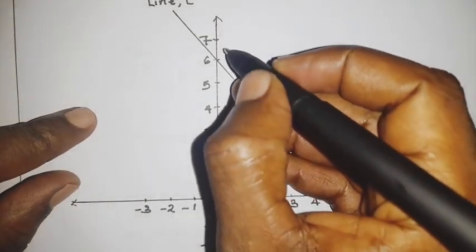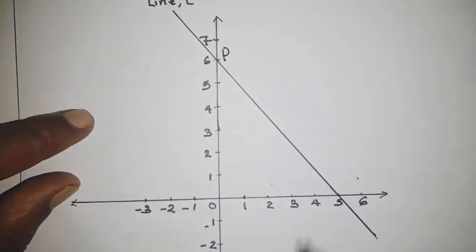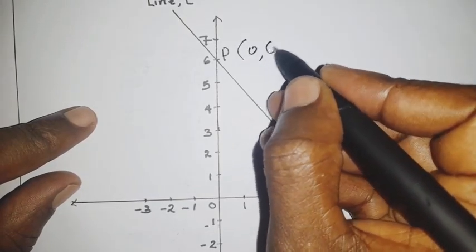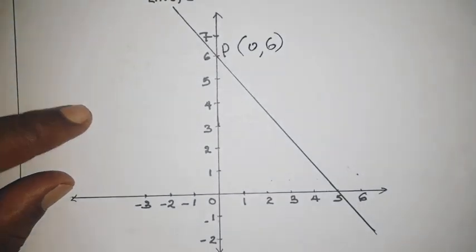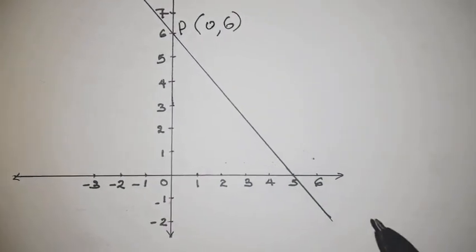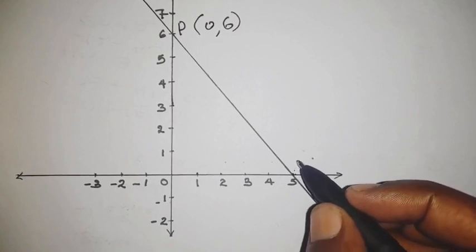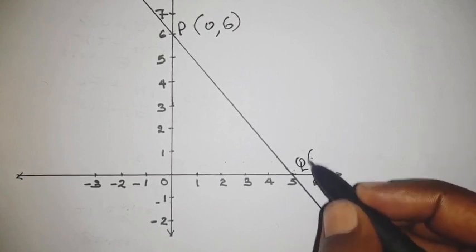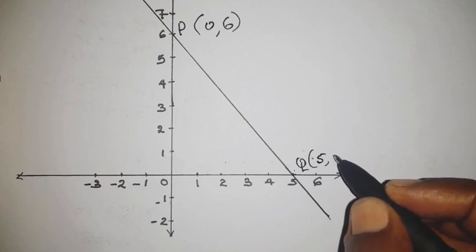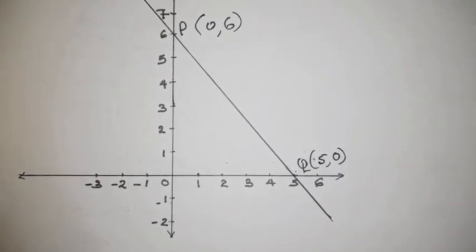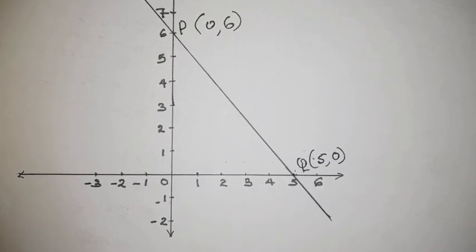We can call it point P, whose coordinates are 0 on X and 6 on Y. Then we can have another point, Q, which is 5 on X and 0 on Y. So those are 2 points whose coordinates we can use to derive an equation of a straight line. Now let's proceed.